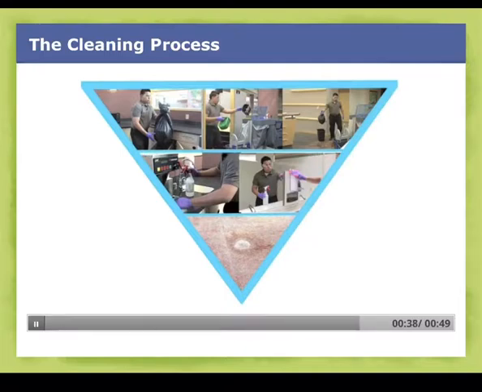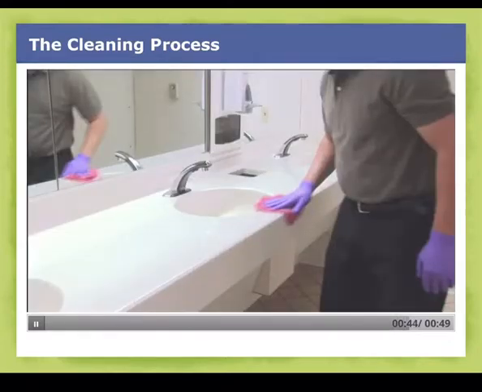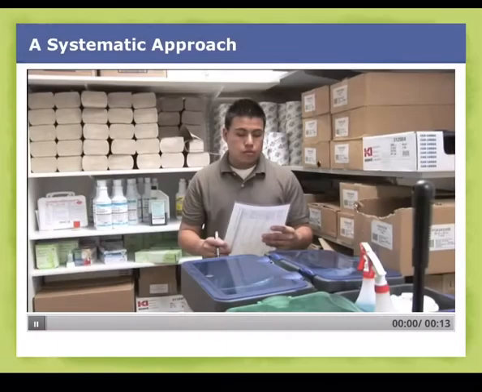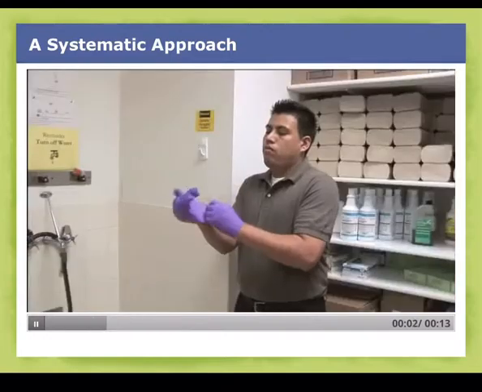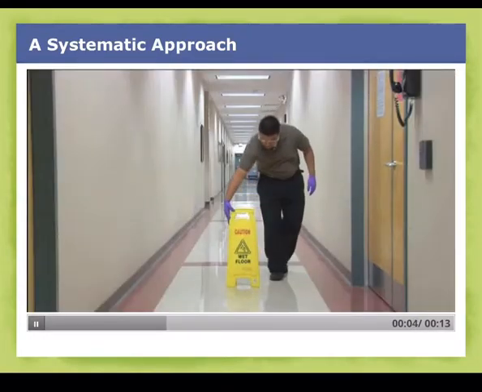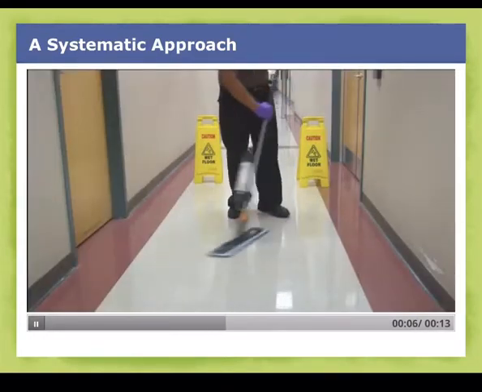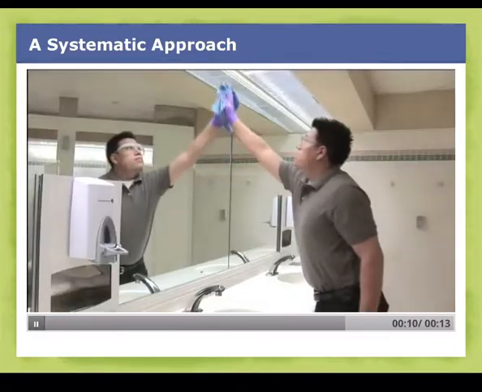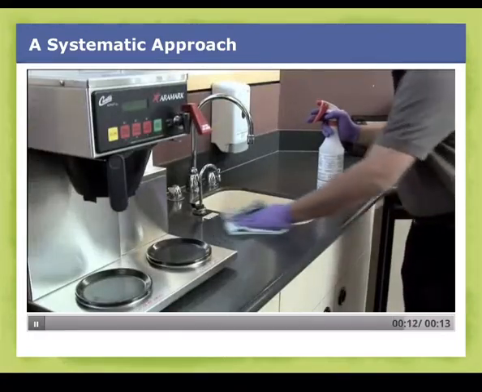It's important to note that depending upon the area you're cleaning, you may not perform all of these tasks. For example, cleaning a restroom requires steps not found when cleaning a common area. Following this systematic approach to cleaning can lead to an increase in the safety of those doing the cleaning, improved cleaning quality, and increased satisfaction for both cleaners and building management.